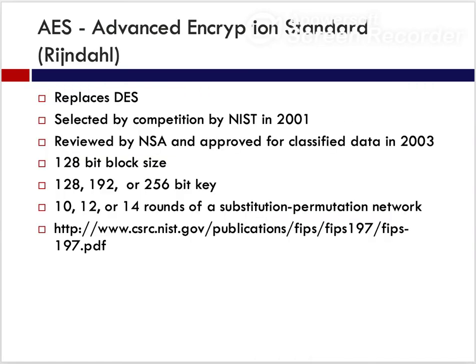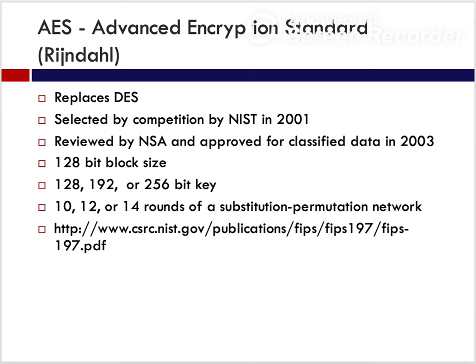Then comes AES, that is Advanced Encryption Standard, which actually replaces DES, because in 1999 it was possible to break 56-bit DES in a few hours. Brute force attack was possible on DES, so the immediate solution given was triple DES, but triple DES is not very fast, so NIST held a competition.